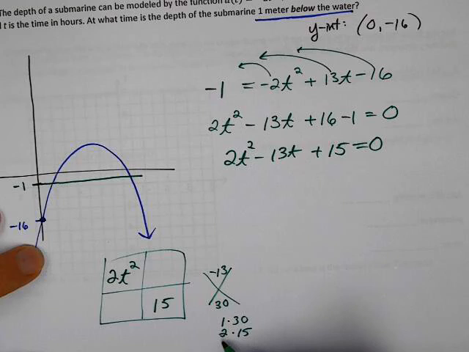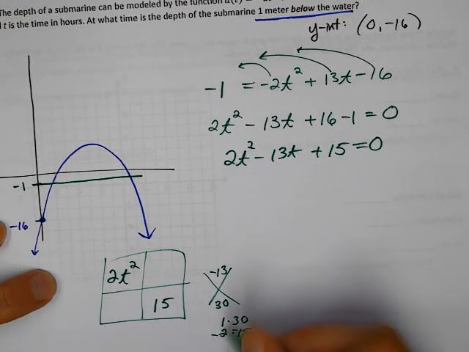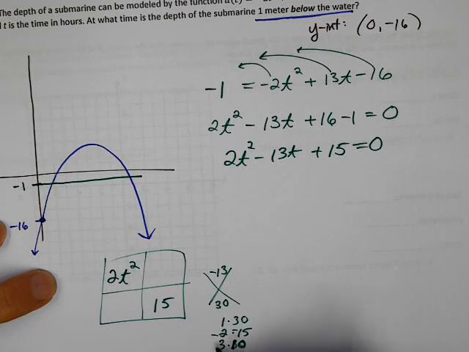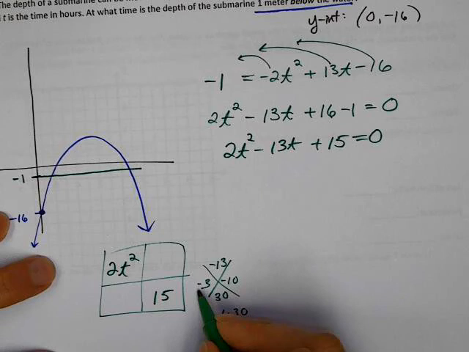If, let's see, who's negative? Well, I can't make them negative unless I make both of them negative. Well, that's not going to make a 13, is it? Is it 3 times 30? I'm sorry, 3 times 10? 3 times 10? But they'd both have to be negative to make a positive. I think that's it. Negative 3 and negative 10. Okay, we got the winners.